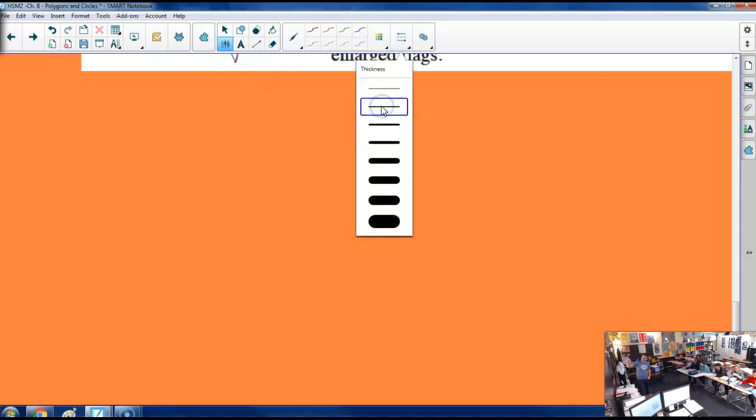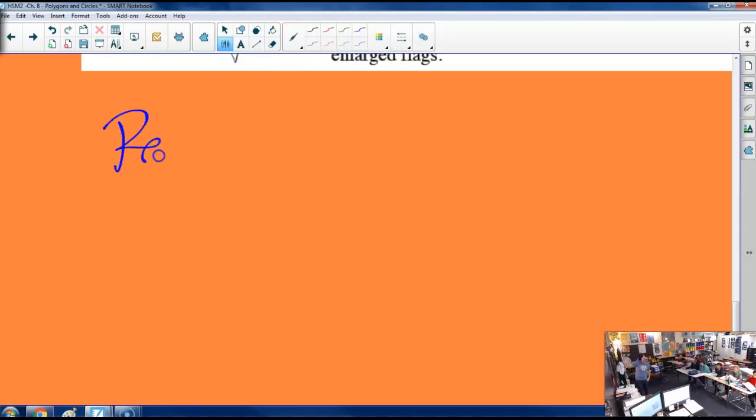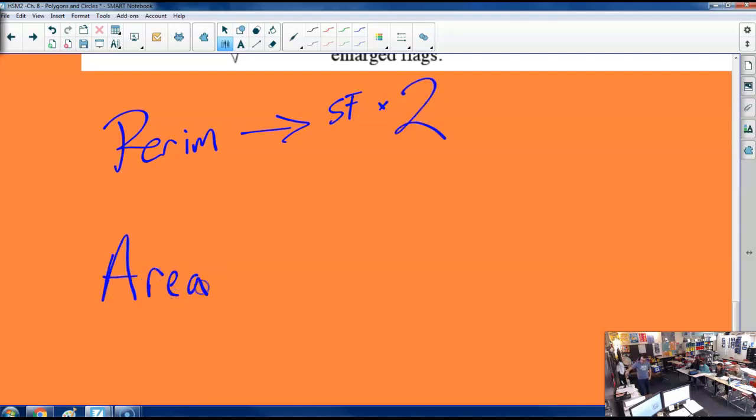So whatever has happened to the perimeter, it has been multiplied by a scale factor of 2. For the area, it's going to get multiplied by that scale factor squared.